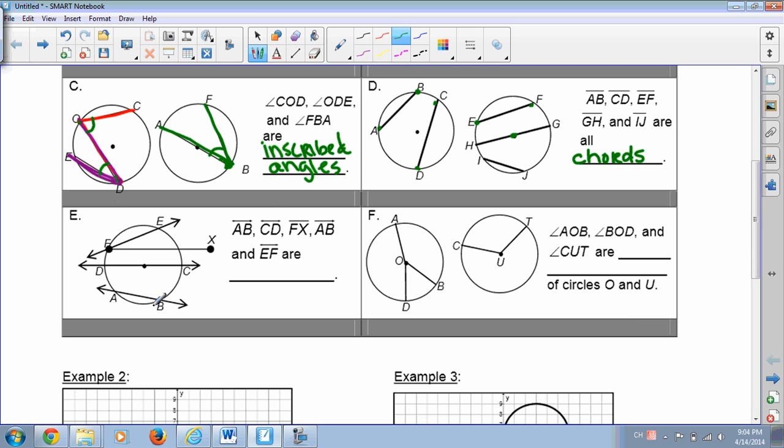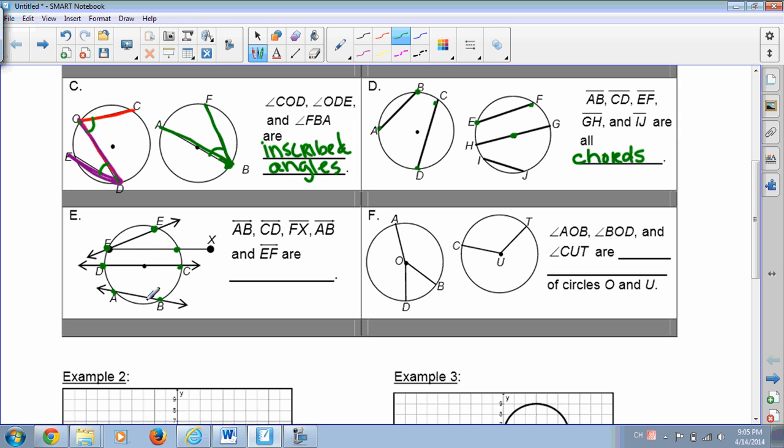Okay, E. AB is a line that goes through the circle, with points on the edge of the circle. CD is a line, with 2 points on the edge of the circle. EF is another line, 2 points on the edge of the circle, and F, actually FX right here, F and this point here are on the edge of the circle.